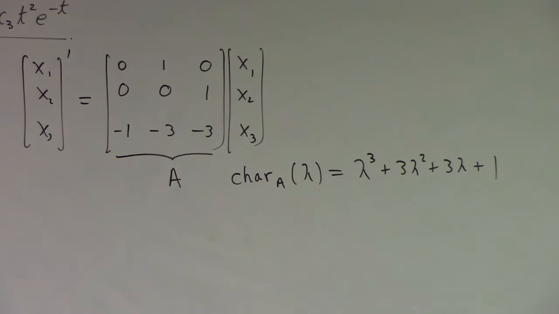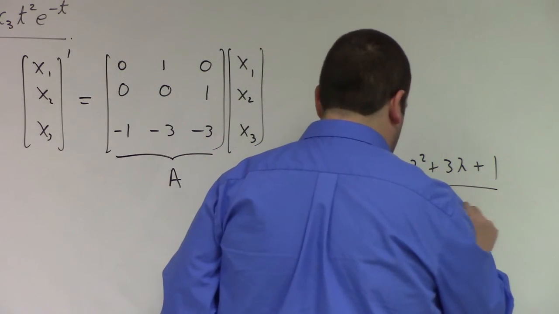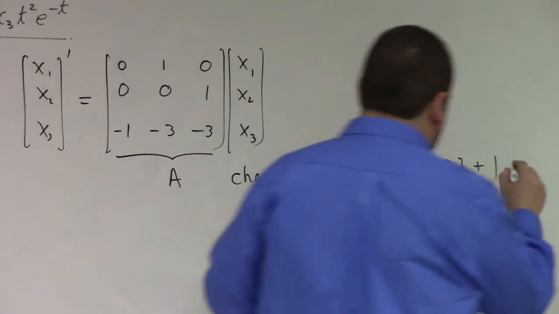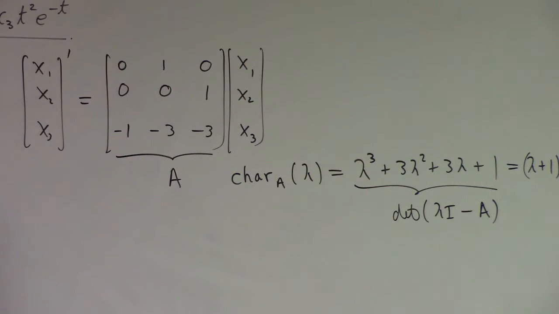That's the determinant of lambda I minus A. It's the same as this one. It's not an accident. That fundamental structure is still there. So that means this is lambda plus 1 cubed, right? So what are the eigenvalues for this matrix A? Minus 1, with algebraic multiplicity 3.